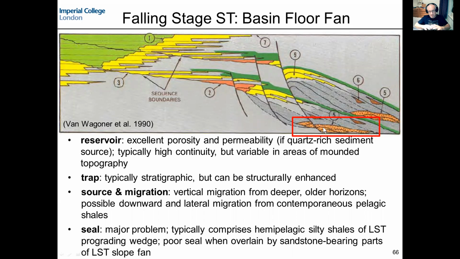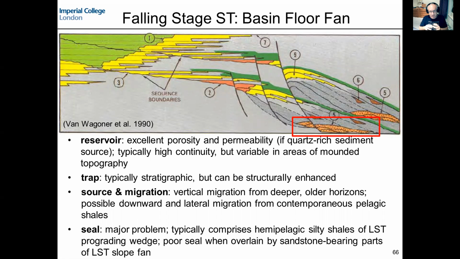They have a mounded topography on the seafloor, although the degree to which that is evident in seismic data is quite variable. So in terms of trap configuration, we're really relying on a stratigraphic trap, both up dip pinch outs, down dip pinch outs, and also lateral pinch outs, which are into and out of the plane of this cross section.